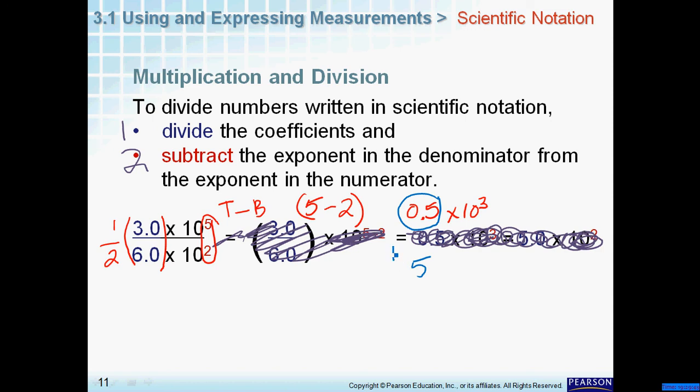I'm getting bigger. Since this side is going up, my exponent has to do the opposite. It has to go down to compensate by however many times I move the decimal. I only moved the decimal point one time, so I need to subtract 1 from my exponent. So I have 10 to the second power. Let me pause here so you can ask some questions.